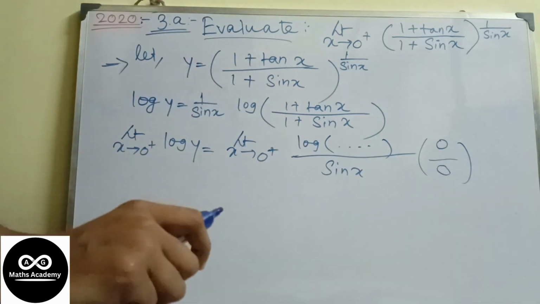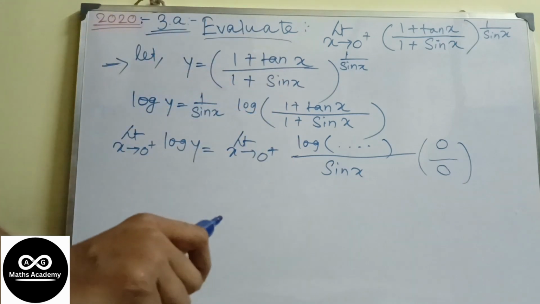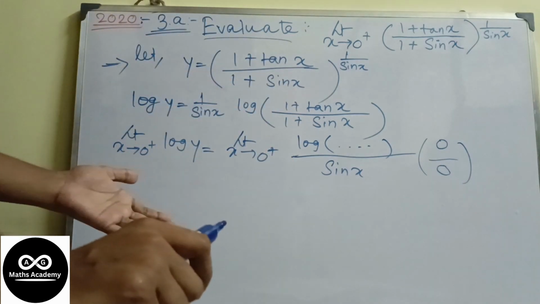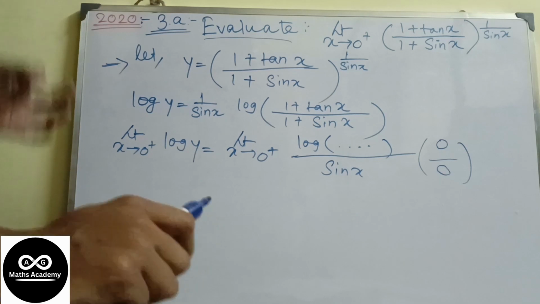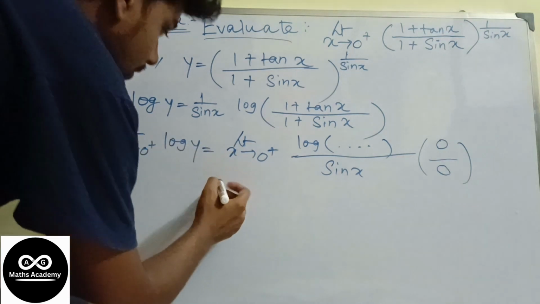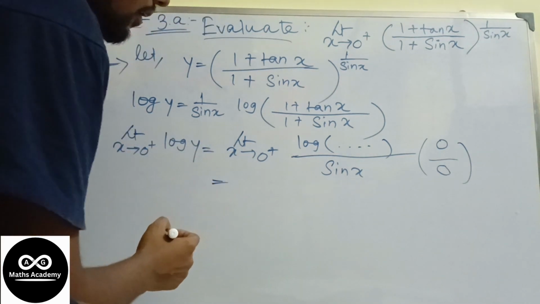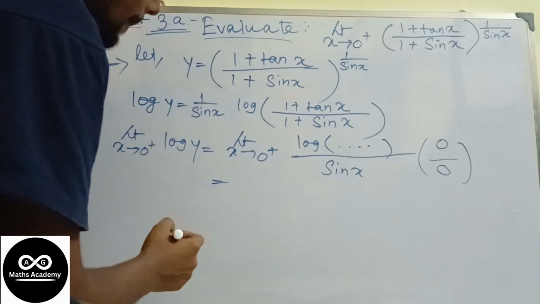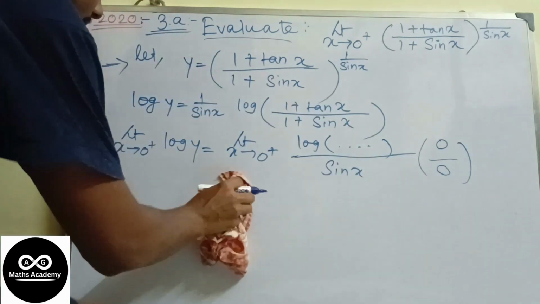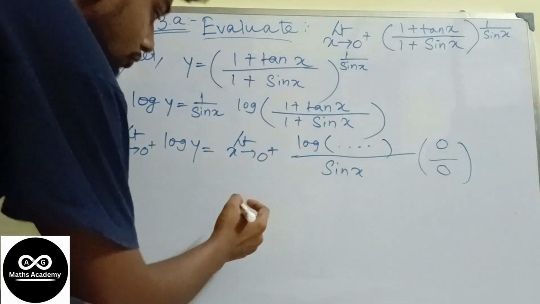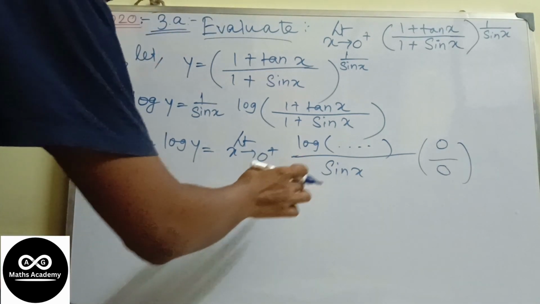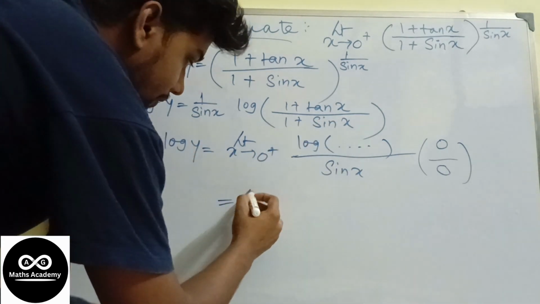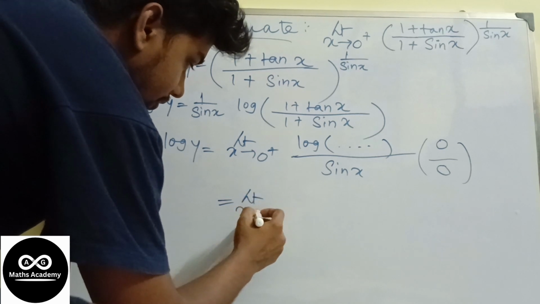Okay, so in this case we're gonna use the L'Hopital method. So what we're gonna do here is actually differentiate this part and this part. Limit x tends to 0.